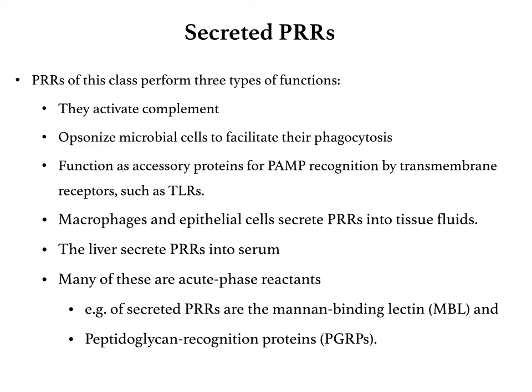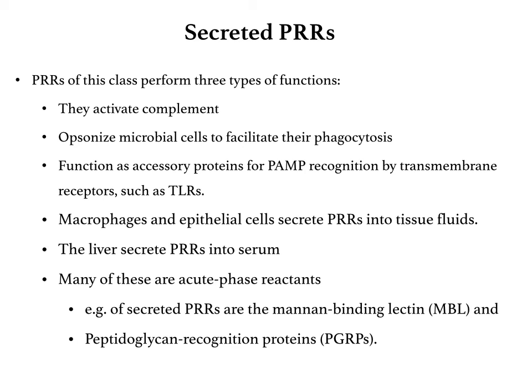The secreted pattern recognition receptors mainly perform three different functions. First, they activate the complement system. Secondly, they have an ability to opsonize the microbial cells and facilitate their phagocytosis by the phagocytic cells. And thirdly, some of them function as transmembrane receptors.